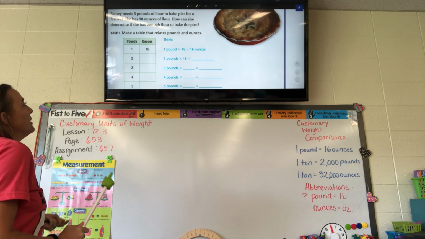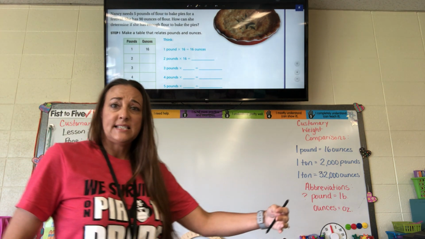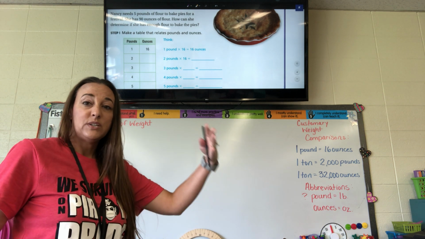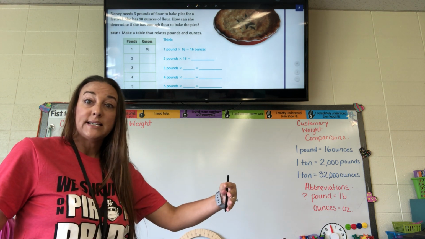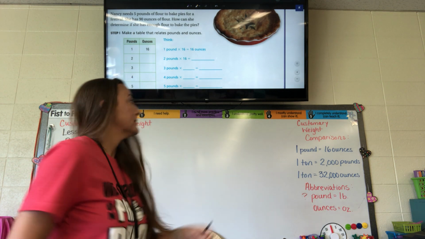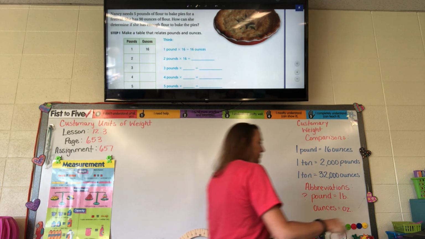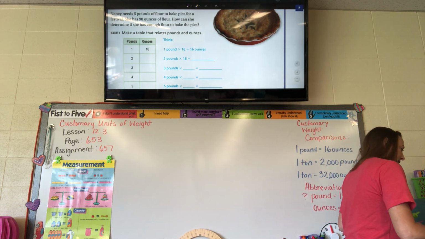And so what we're going to do is look for multiples of 16. Okay, so we start with 1 times 16 is 16, 2 times 16 is 32, and go on. Okay, so here we go. We're making a little table here.